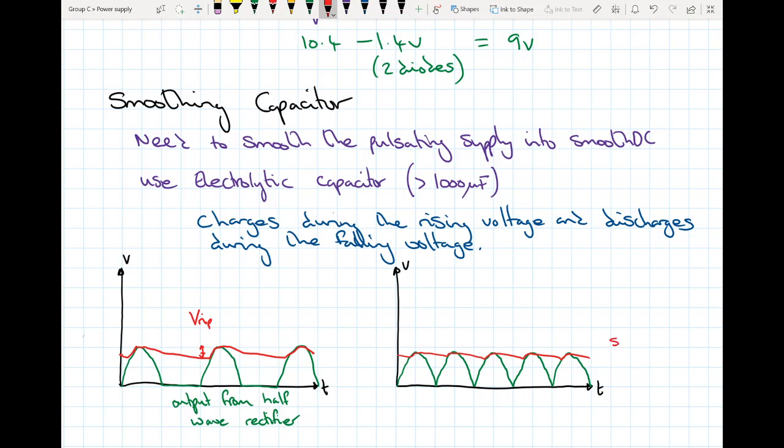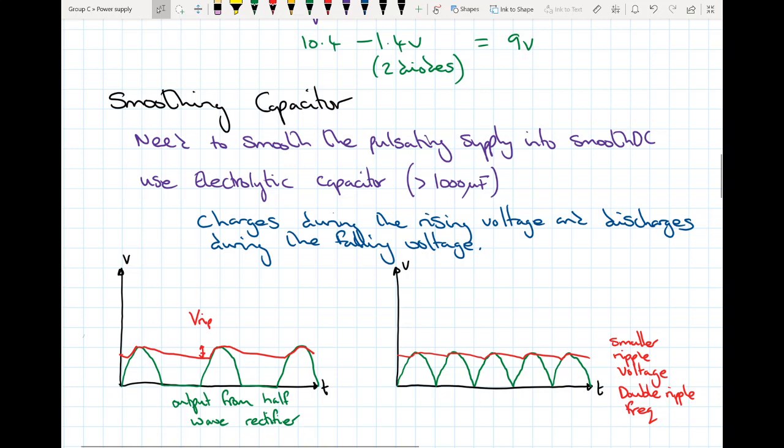So we do have a smaller ripple voltage because we've got double the ripple frequency. That's because our humps are happening twice as often, so twice as many cycles in the same time as before.